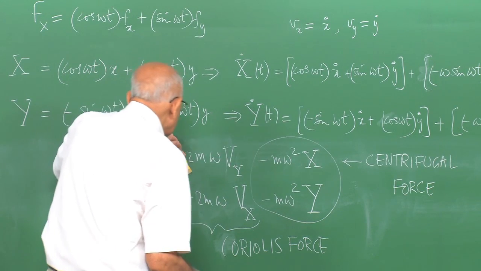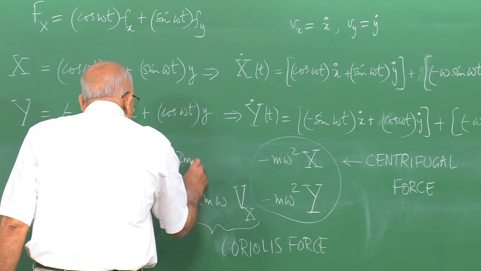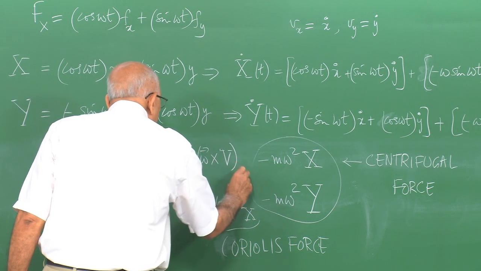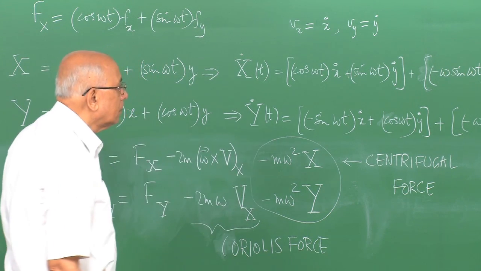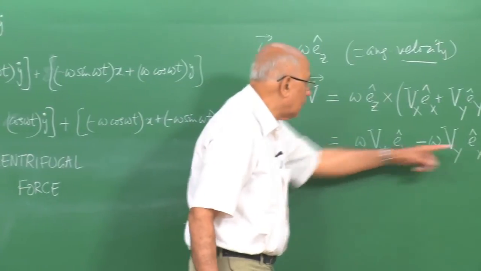So I could remove this and write it as minus 2m omega cross v, the x component of it, because we had a Vy and that was minus omega Vy.